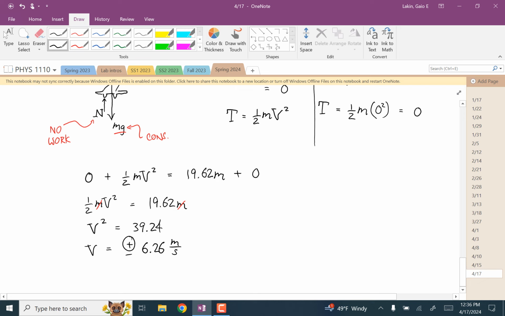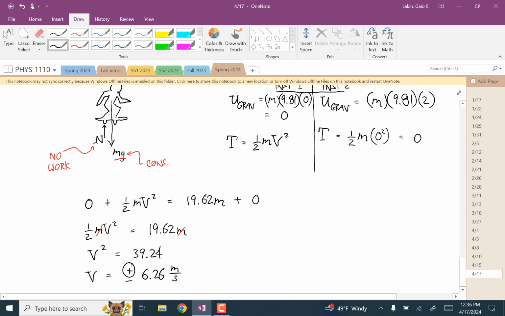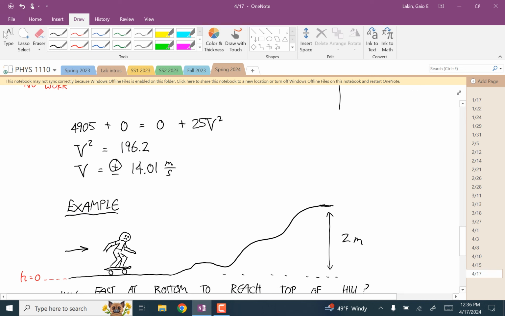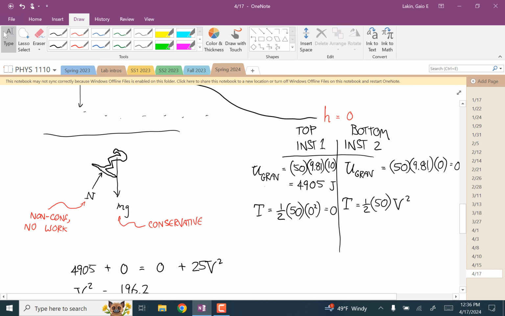And positive. And the thing where instead of putting in a mass, we just used an unknown m and then it canceled out, the same thing would have happened in the skiing example, because notice every number we have here is multiplied by 50. So no matter what that is, it would cancel out.